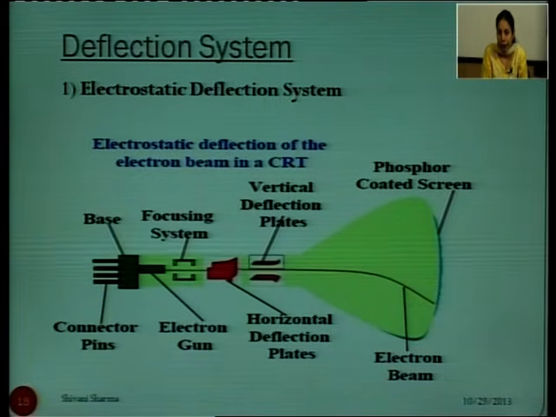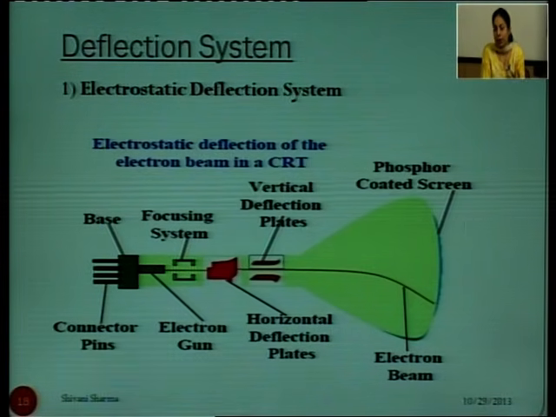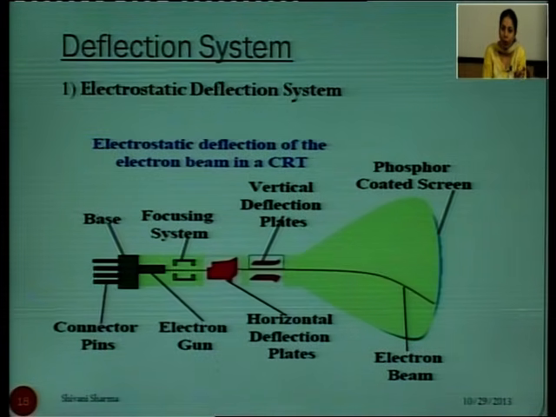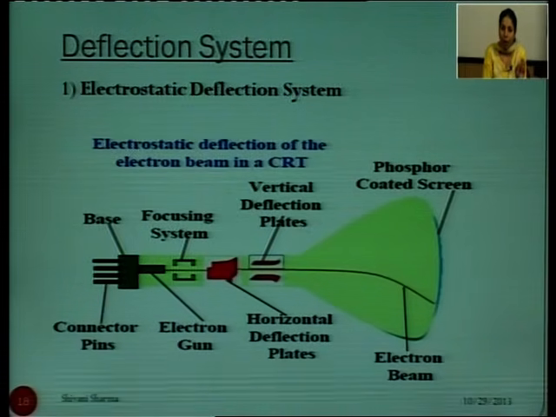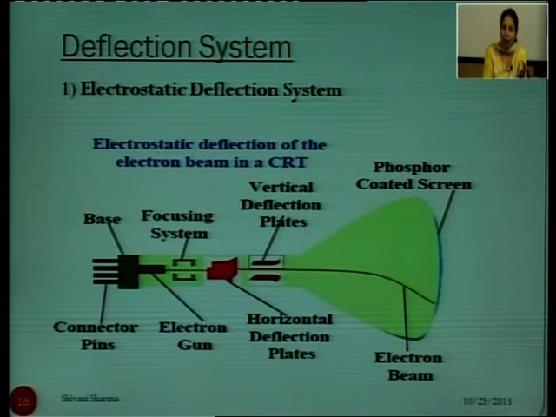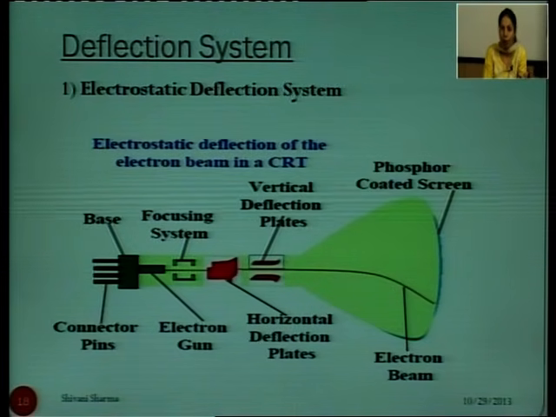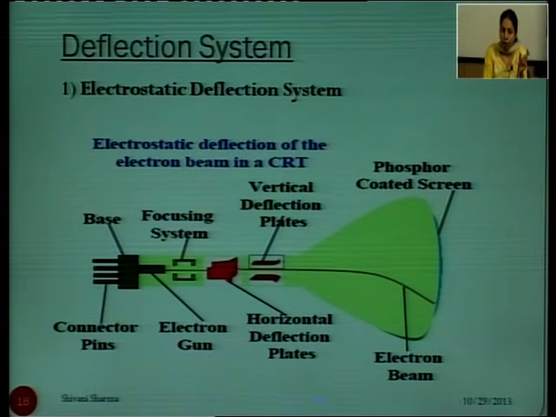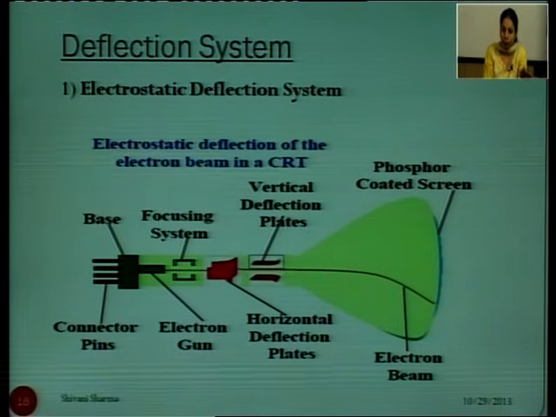So, then the deflection system, as we discussed, we have an electron gun which is a cathode in which we are using some filament. When we heat this filament, electrons are emitted and they pass through the control grid. After that, we have the anode section in which we have a focusing anode and accelerating anodes, which are used to avoid the spreading of the electron beam.